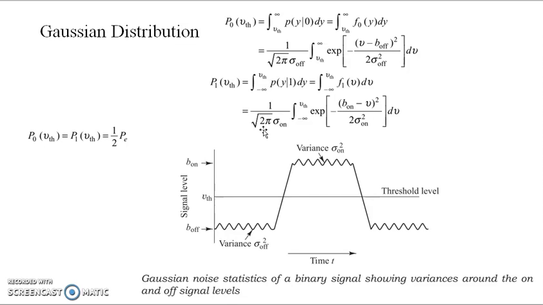So that's why there will be a loss in an optical system, or we can have noise present in the system, or intersymbol interference at the receiver.